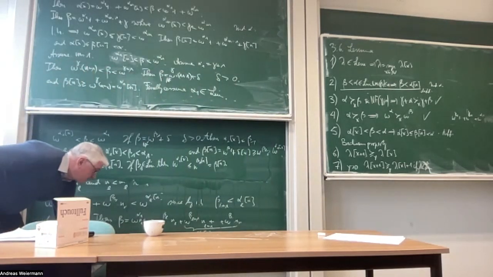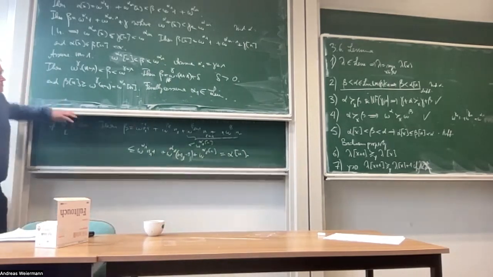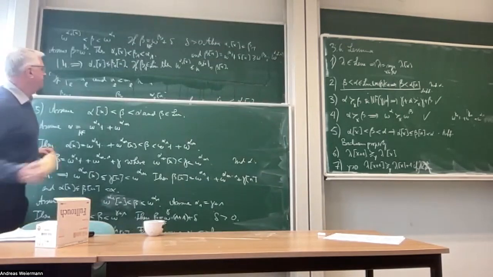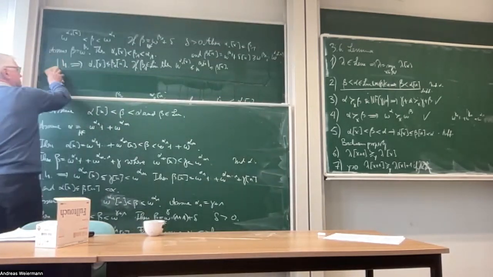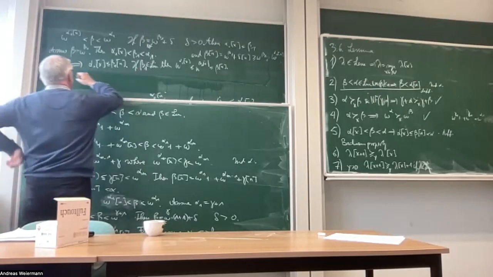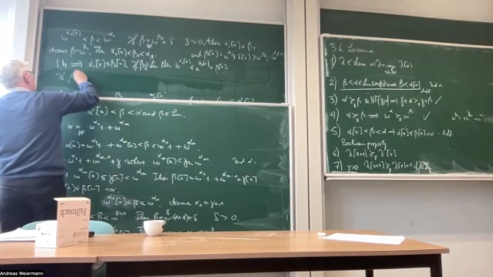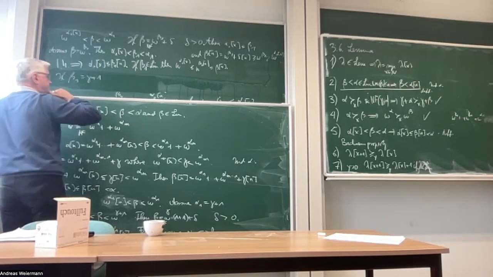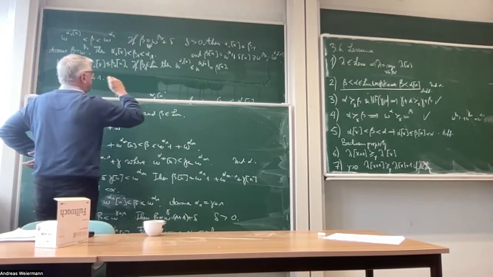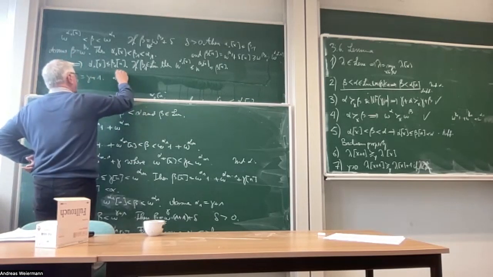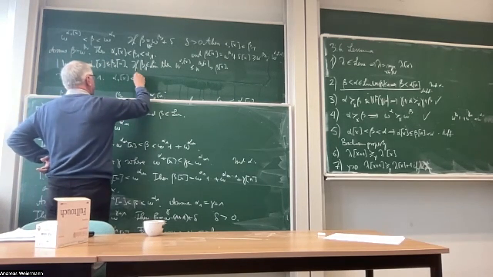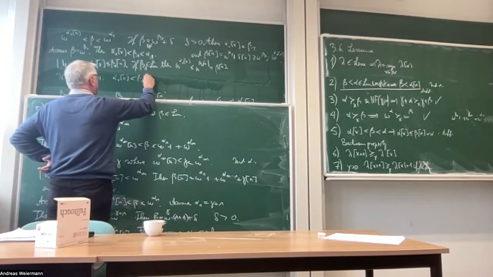Now, that's fine. What is remaining is the case that beta 1 is a successor. So what do we have? We have alpha 1 of x smaller than beta 1, smaller than alpha.